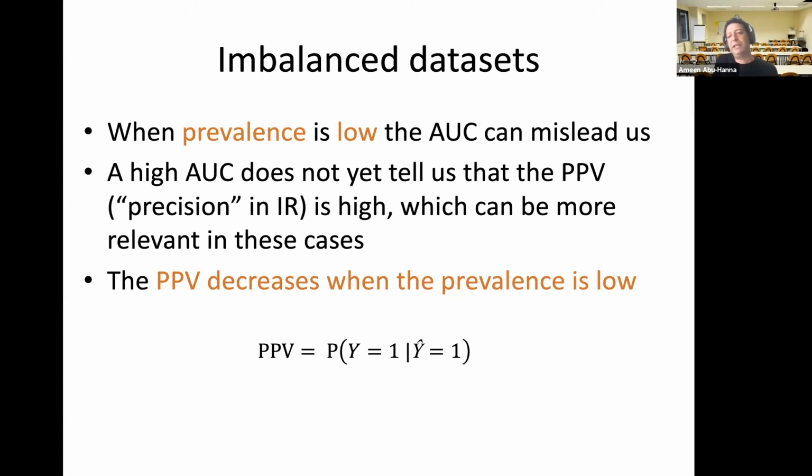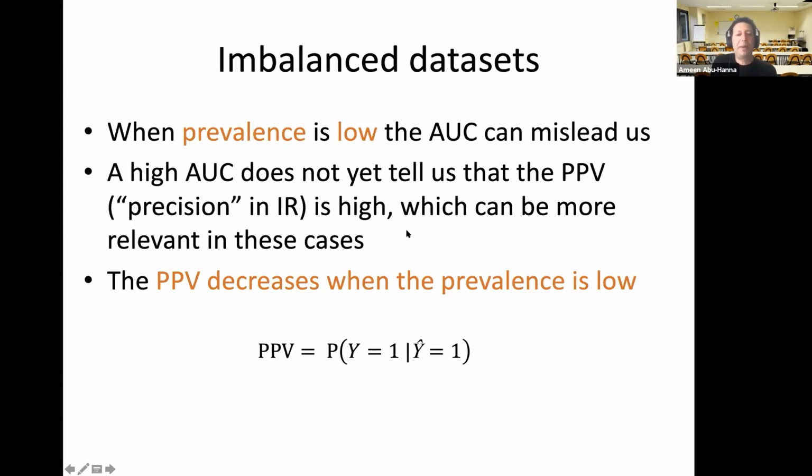Remember, the PPV is, from those I predict to die, how many died. So if I predict 1 million patients to die, but only 2 of them died, my PPV is really, really bad. The PPV decreases when the prevalence is low. That's the problem with it.